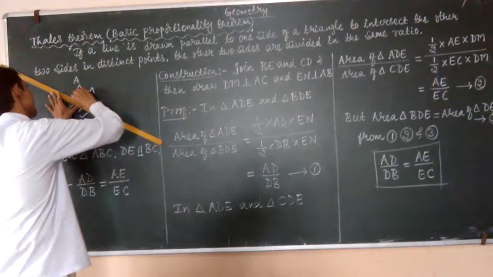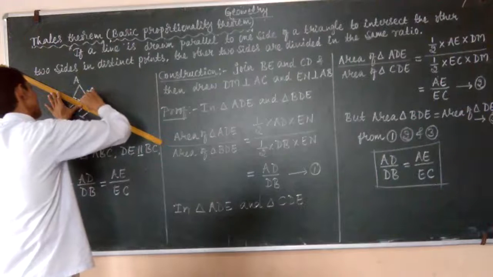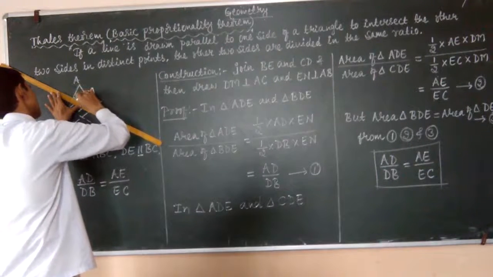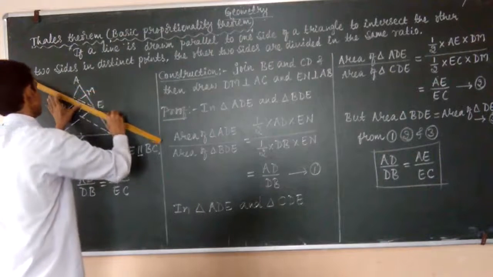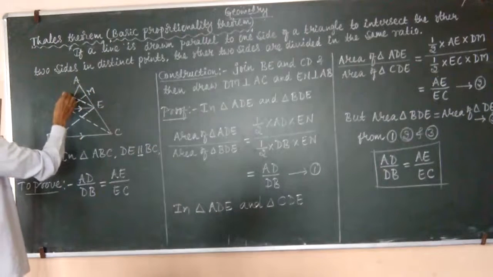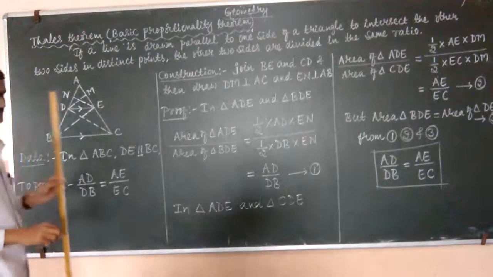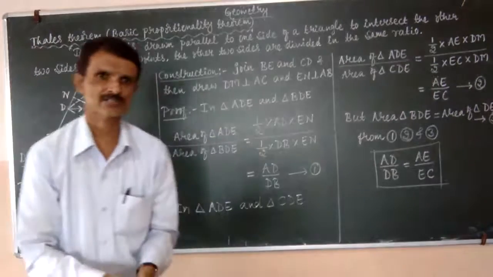Here the perpendicular is drawn to the side AB. So this is called EN. So this is the construction.